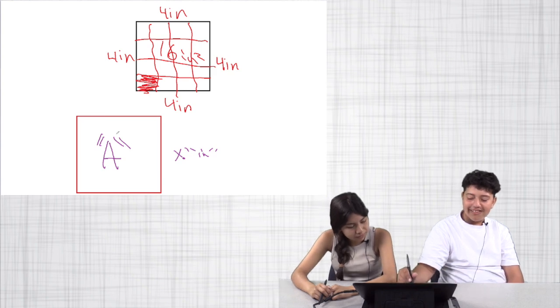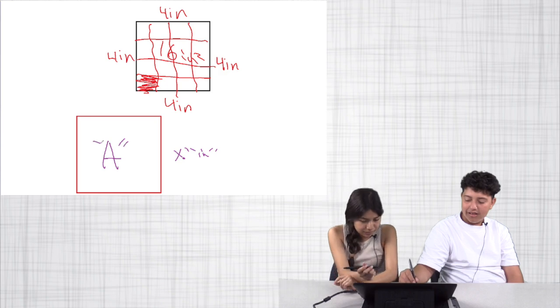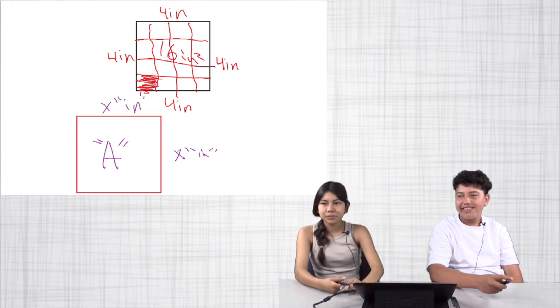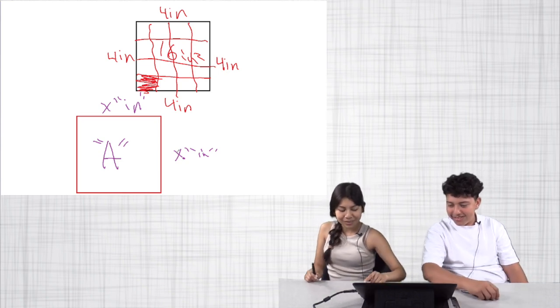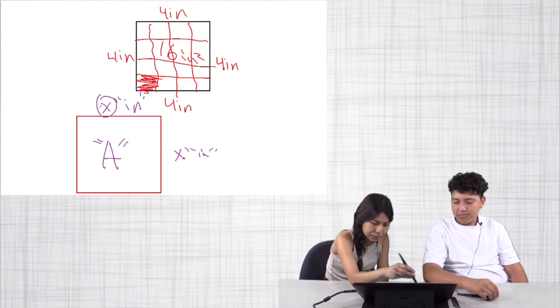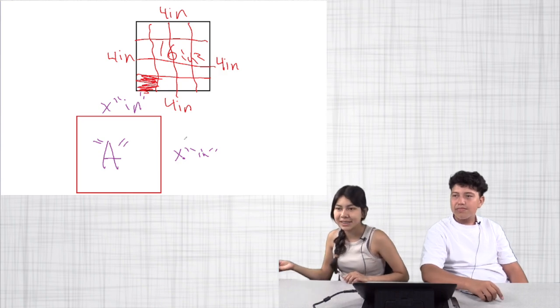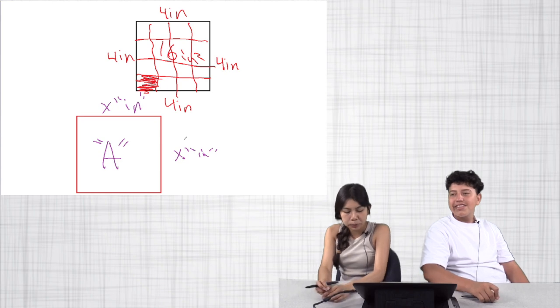Oh no, wrong. Because those were the same. Say that again, Emily. This X and this one, they're the same because it's a square, so there's no need to use another variable.